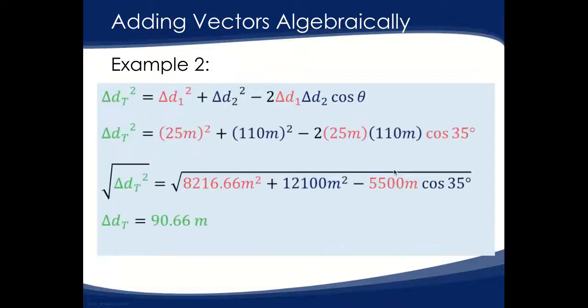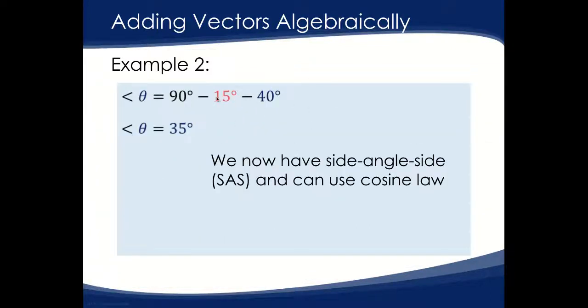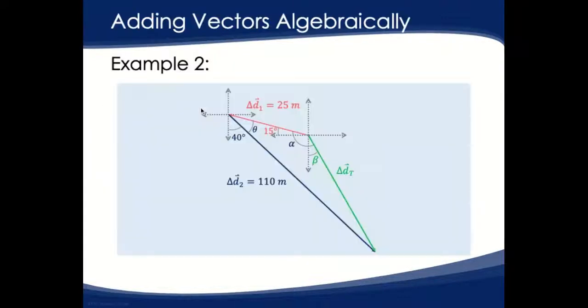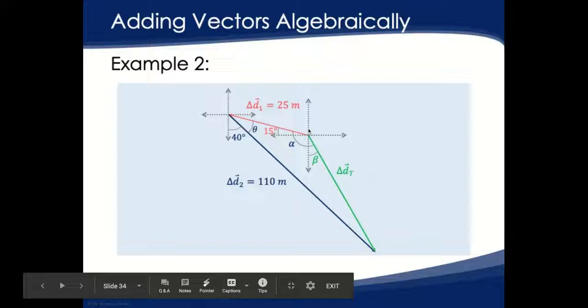That ties back into what we did here a little bit. We'll have our beta angle minus our 90 degree angle and then our 15 degree angle. Hopefully you can see how these are all three related. We're trying to find the resultant angle between where we started and where we ended, this angle right here.